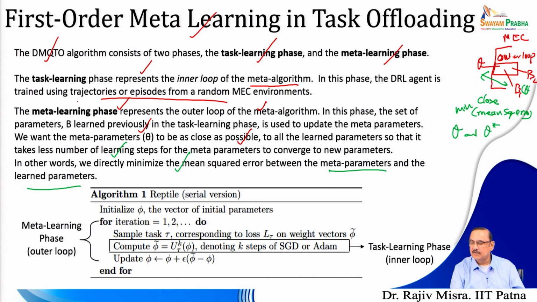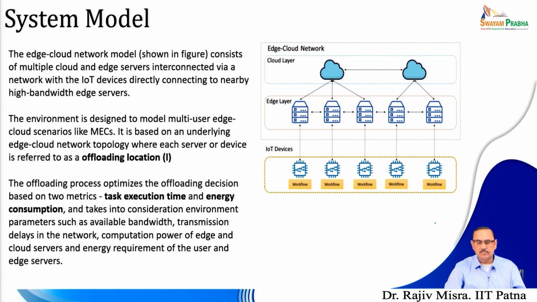Let us say this is theta star 1, this is theta star 2. This is called the meta parameter and this is called the learned parameters. In this algorithm, you can see that this is the task learning phase and this is the meta learning phase, the outer loop.